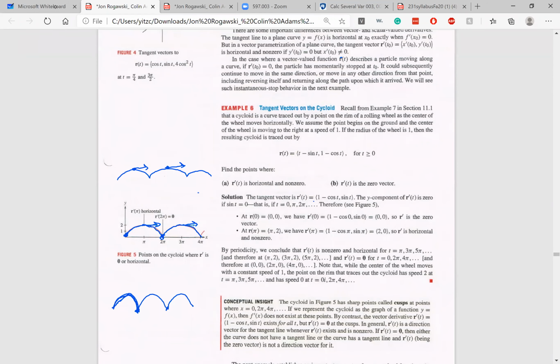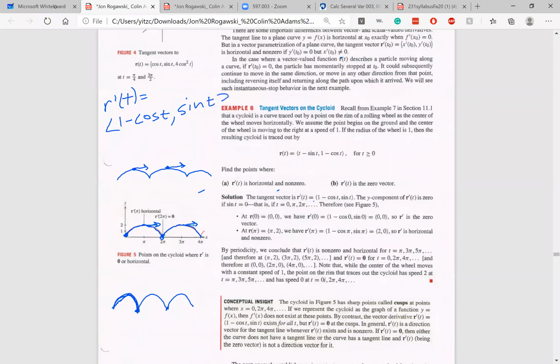So here, r prime of t is going to be equal to (1 minus cosine of t, sine of t).